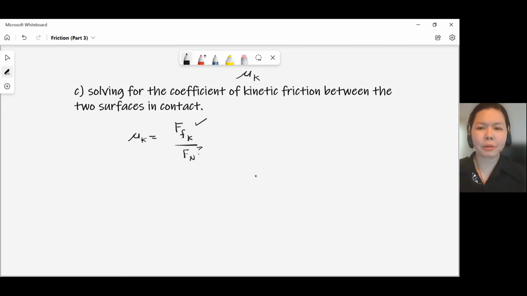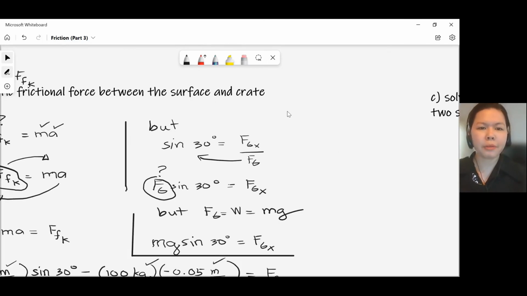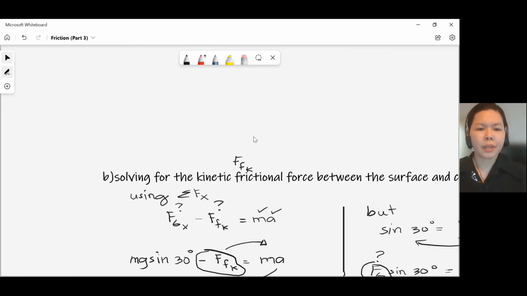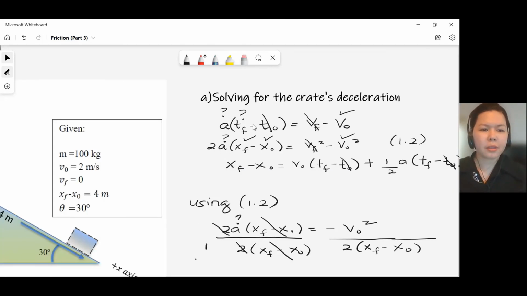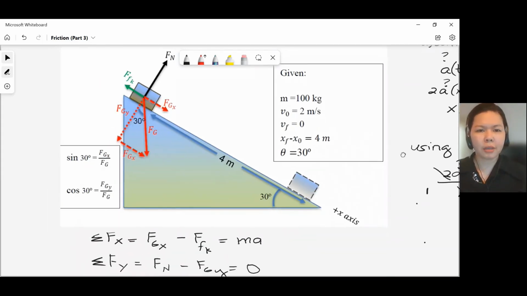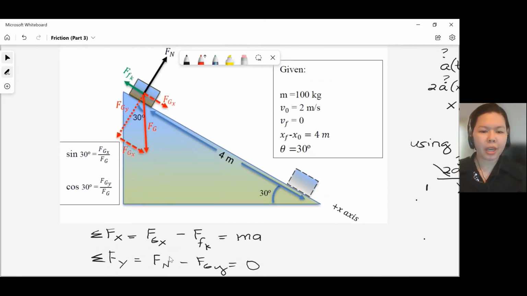Looking again at our figure and the equation which we have made. Here is Fn. Summation of Fy is Fn minus Fgy. So we use this one.